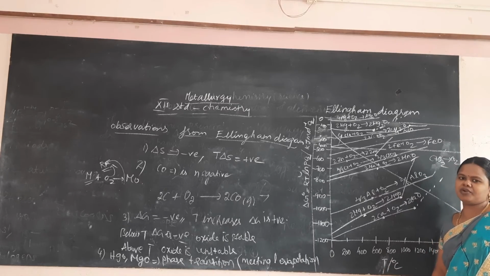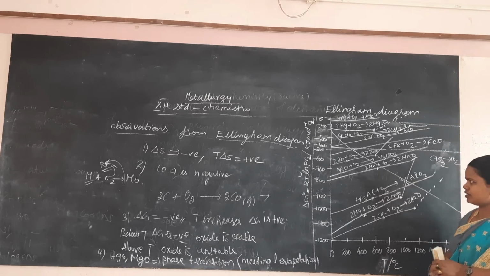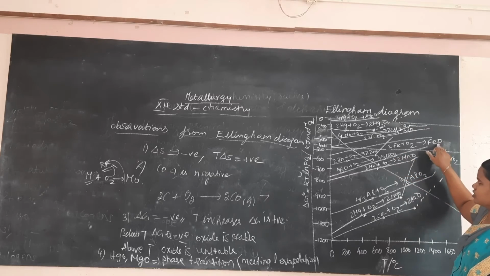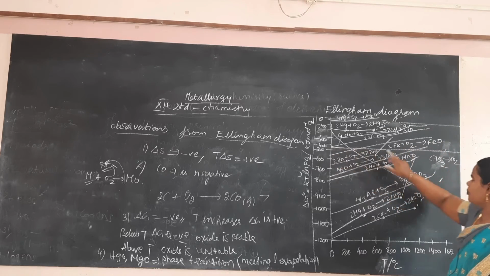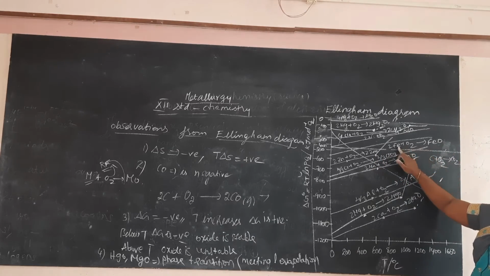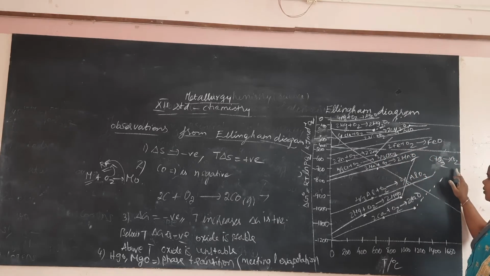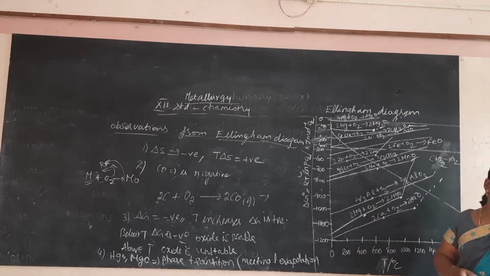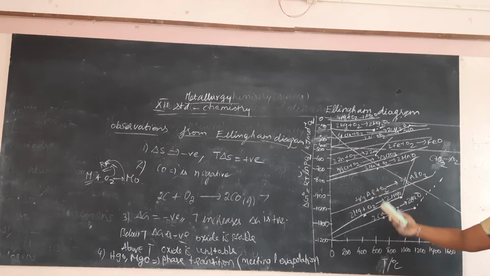Then another example is the formation of iron oxide. Here the carbon line passes through the iron oxide line. So this carbon can be used to reduce this iron oxide. That can be given as a suitable example.